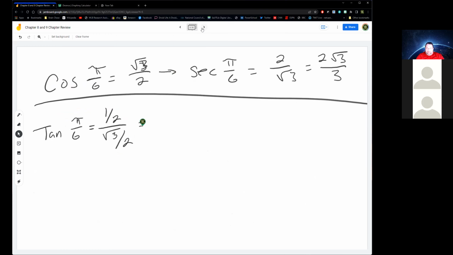Tangent is 1/2 times 2 over the square root of 3, which is 1 over the square root of 3, which is square root of 3 over 3. See, I can do it. I was just being lazy.